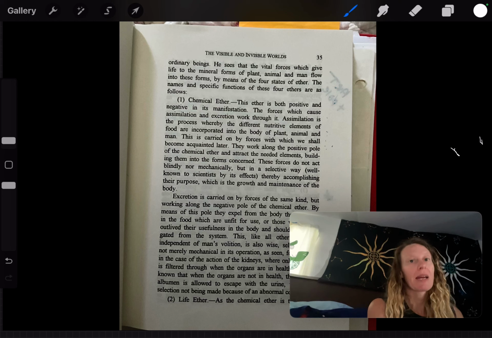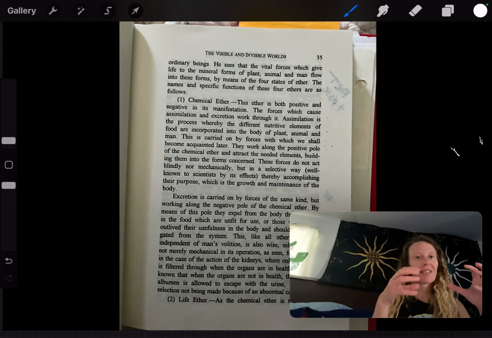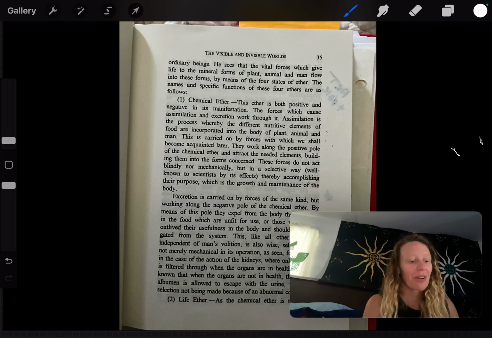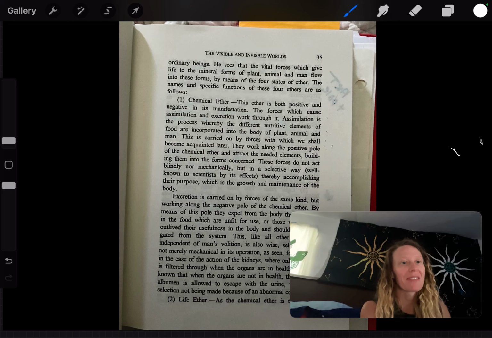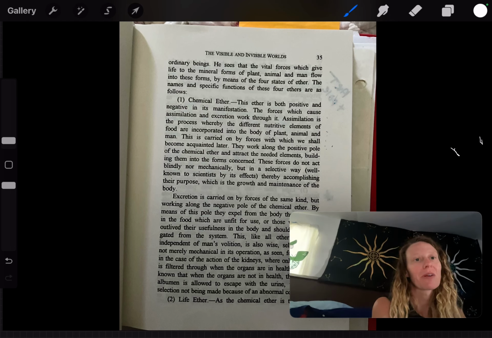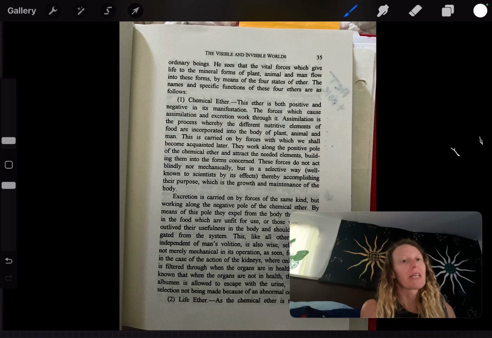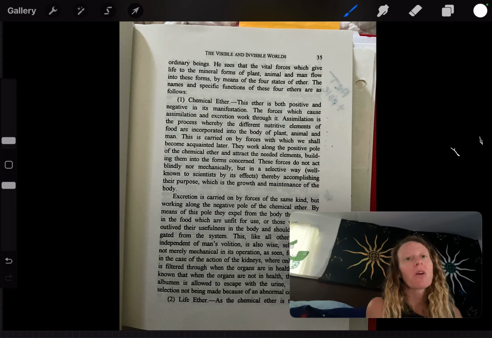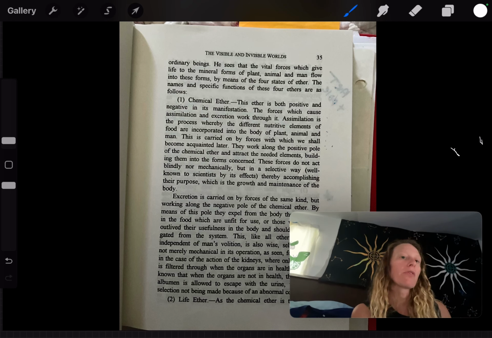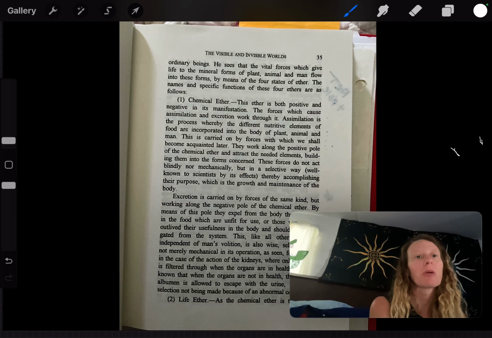This is big science. So if you don't even understand what the law of polarity is, well, there's 2 sides to each pole, and they do stuff, right? And the chemical ether, we'll learn all about in the previous questions in this course. The solids, liquids, and gases, exactly. They work along the positive pole of the chemical ether and they attract the needed elements, building them in the forms concerned.